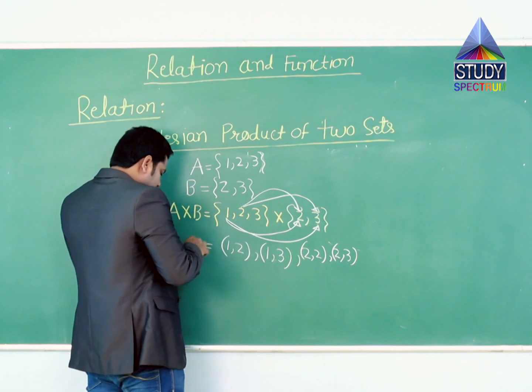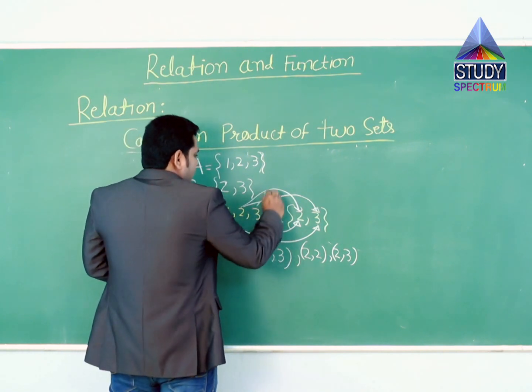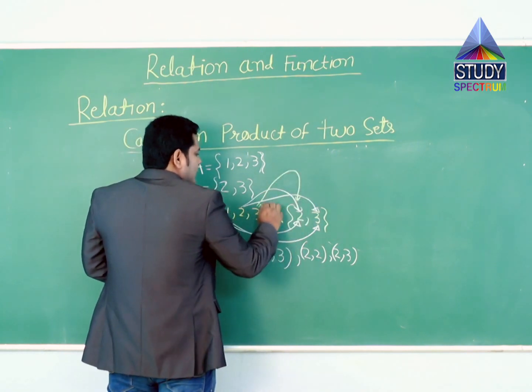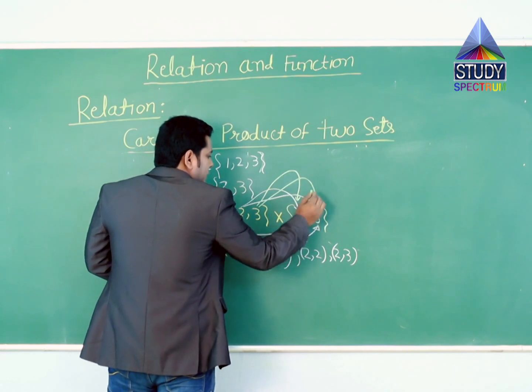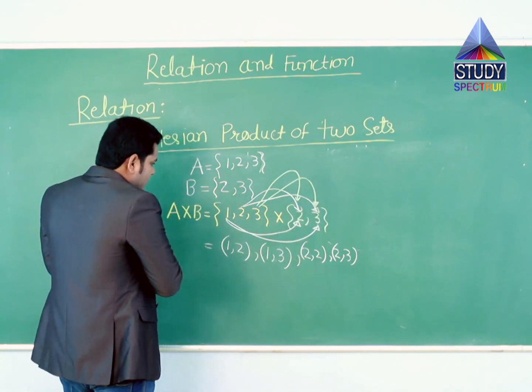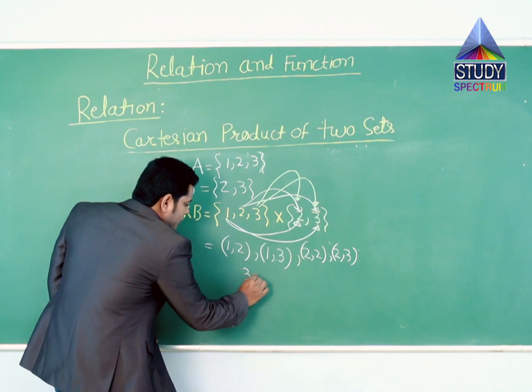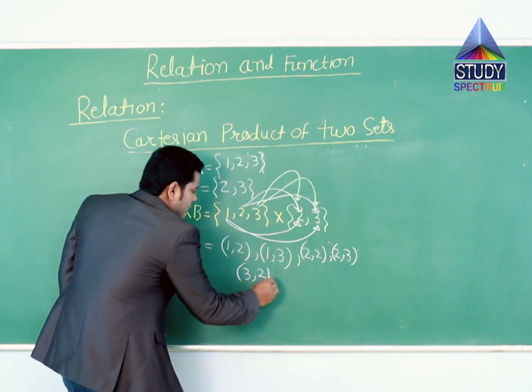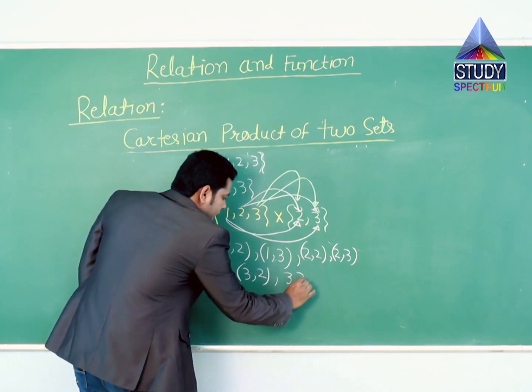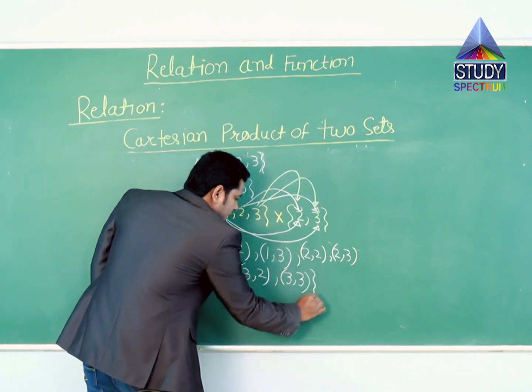Now we'll write for the last element. 3 will associate with 2 and with 3. So we write (3, 2), (3, 3).